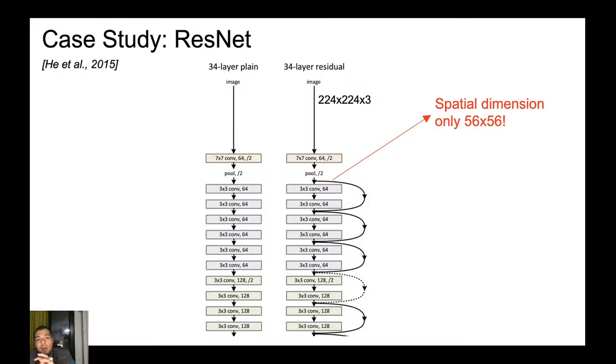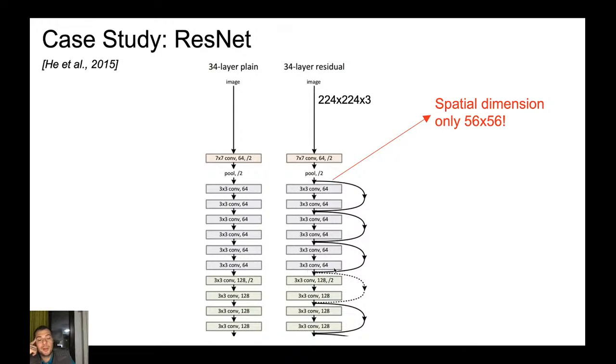Okay, so their idea was to use these skip connections, through which you pass information both during the forward propagation but also during the backward propagation.